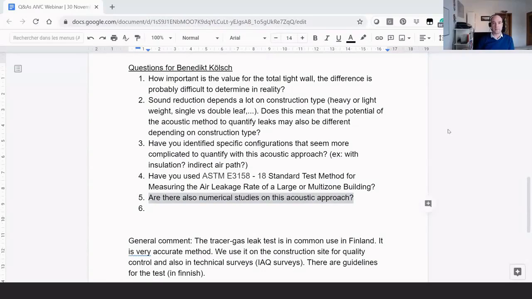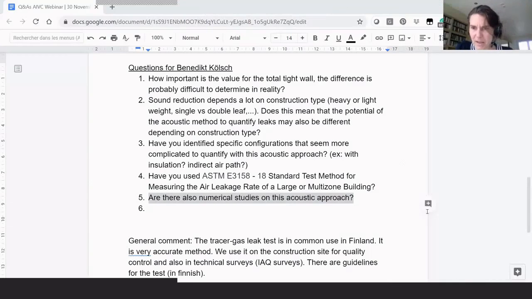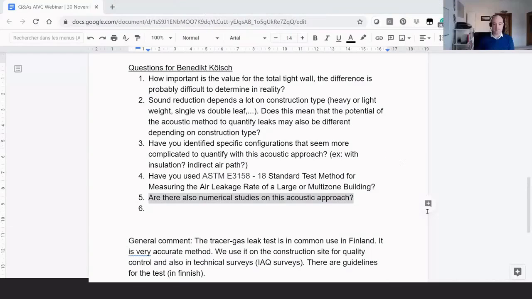Do you remember the range of variation of this N value? It was somewhere between 0.5 and 1. So there is variation. There's a large variation. Okay. Thank you very much.